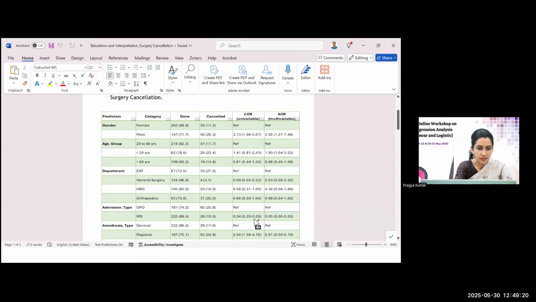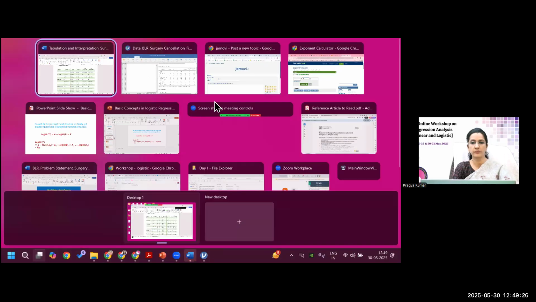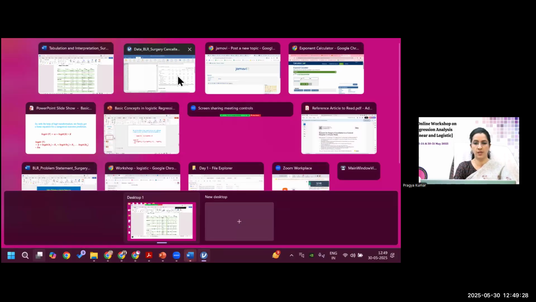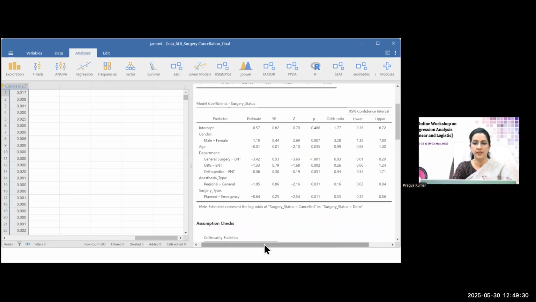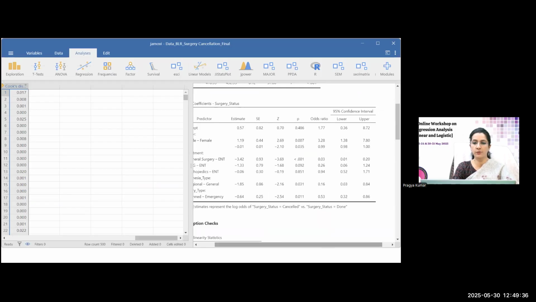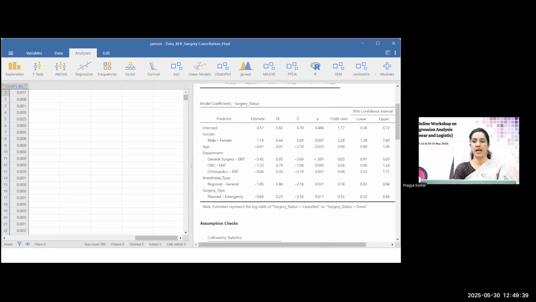So how to do that? I'll again go to JAMOVI, and if in the same table you want both unadjusted and adjusted, first you copy this table, and then you insert one column where you write unadjusted.